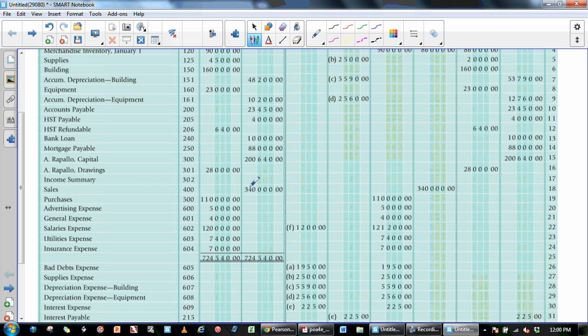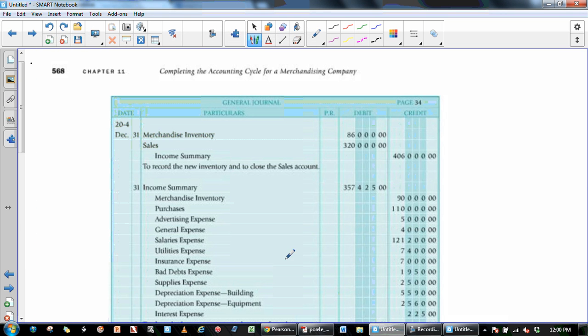So since sales has a credit balance, to empty it out, I will need to debit all of sales. So I go to my closing entries, and there we see that we have debited all my sales. Okay, 320,000.